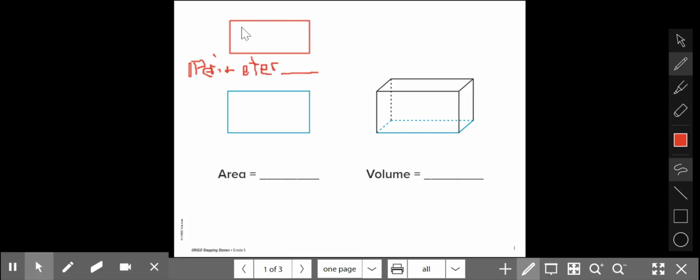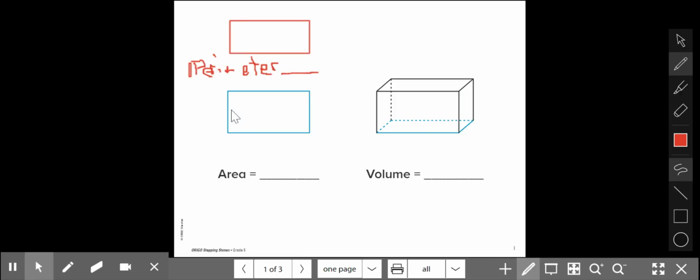So if we were to use this rectangle as an example, we would measure the outside of this shape, okay? The area is about measuring everything on the inside. You can think of this as, if you wanted to go into your bedroom and think about the space where the floor is, where the carpet's being laid.